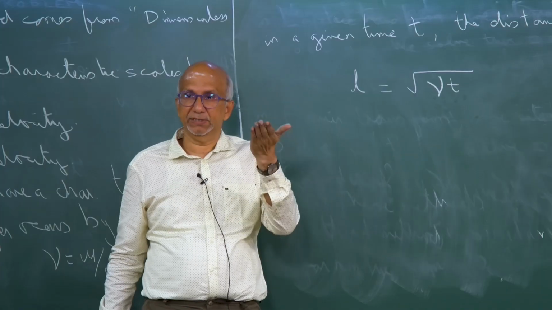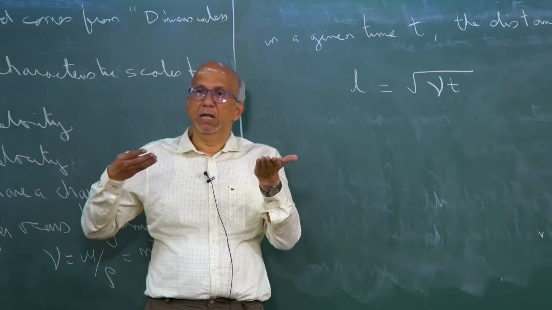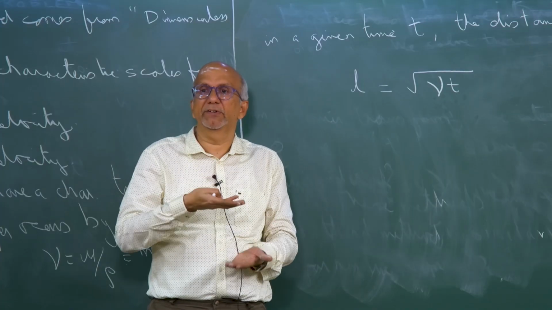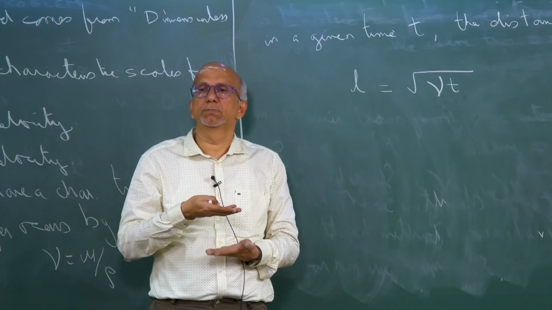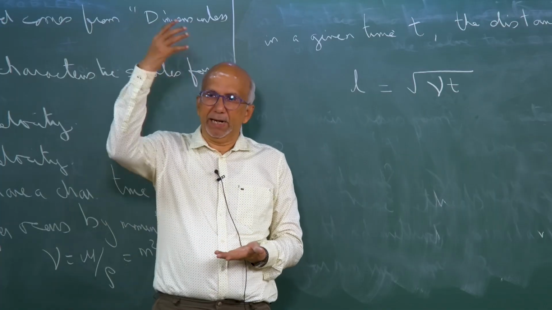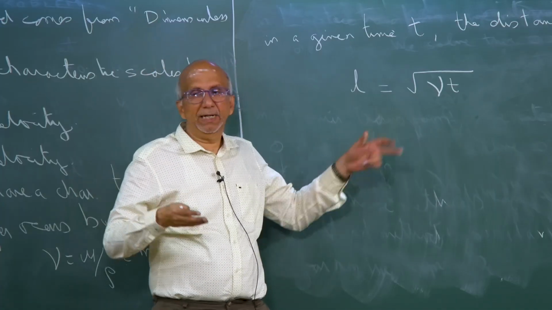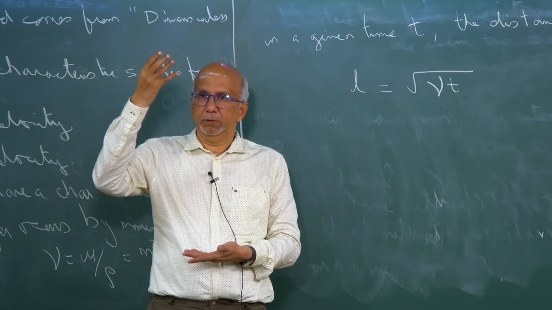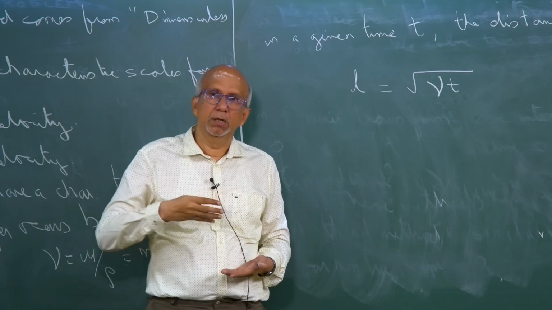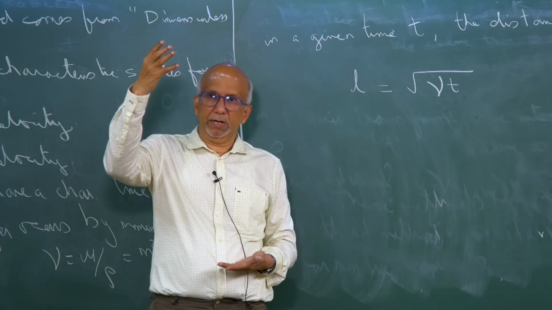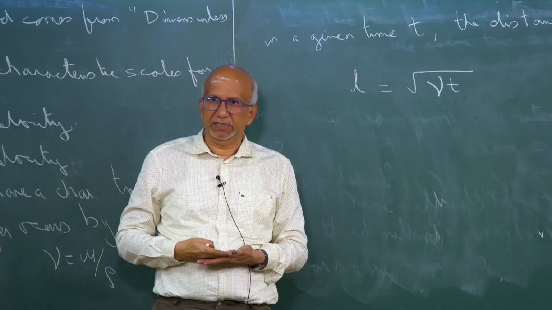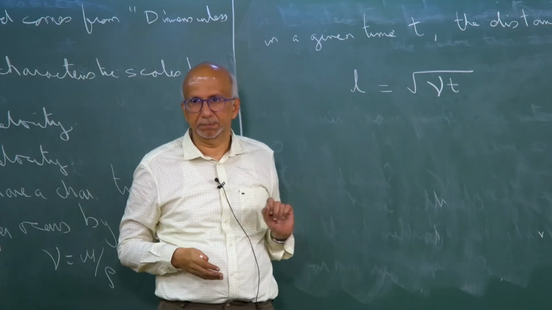So, in 10 seconds the liquid at a distance of square root of nu times 10 would find the effect of this plate which is moving. At 100 seconds, 10 times square root of nu will be the distance to which this momentum would have penetrated. The length over which this plate's effect is found is given by this.